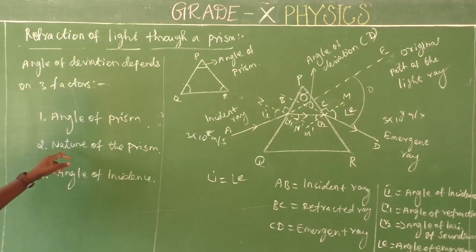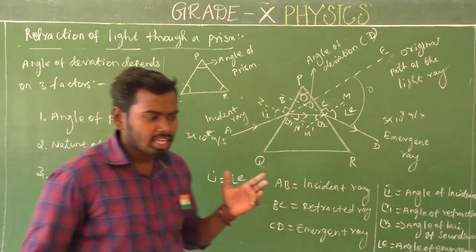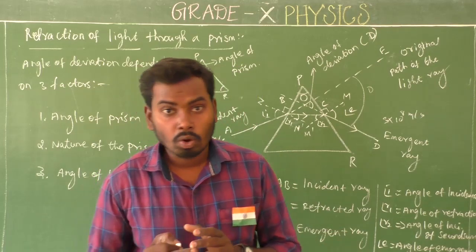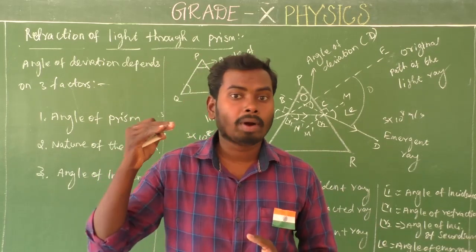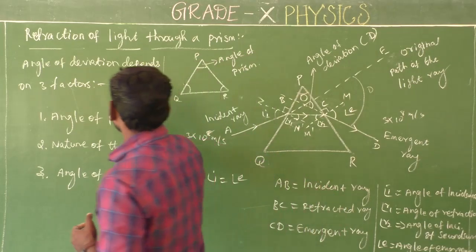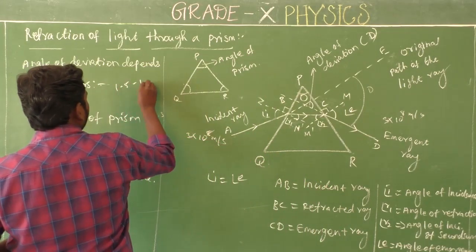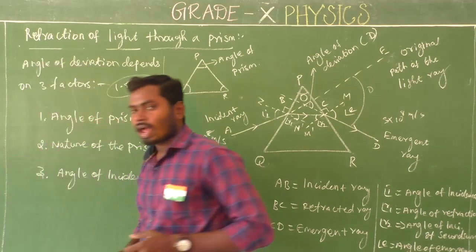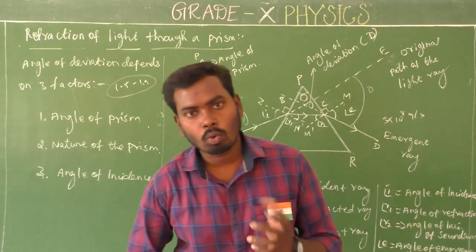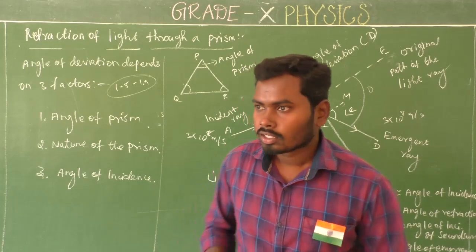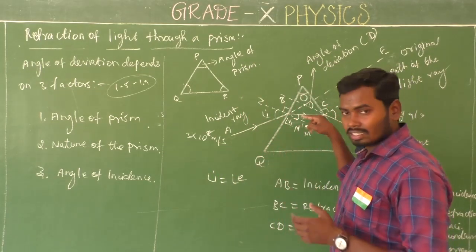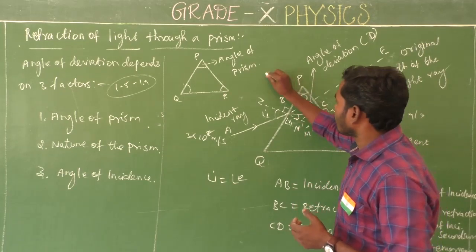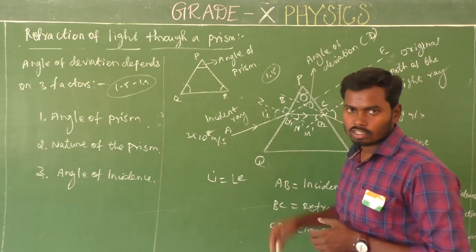And the second factor, what is the nature of the prism? Generally the prism is made of glass, and already we know the refractive index of glass is from 1.5 to 1.9. Suppose the refractive index of this prism is 1.5.